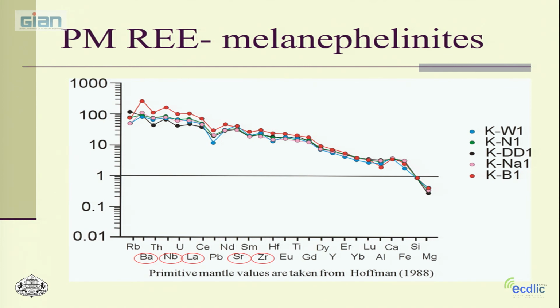Now in most of the cases, the HREE, heavy rare earth elements, are not very fractionated, indicating they are not coming from the garnet stability field, but from the spinel stability field.